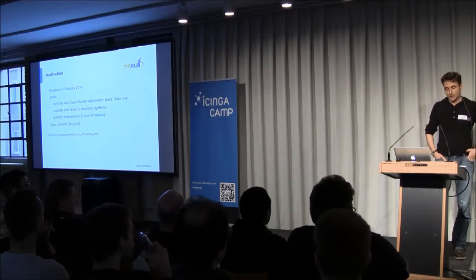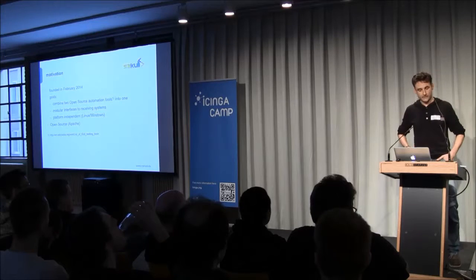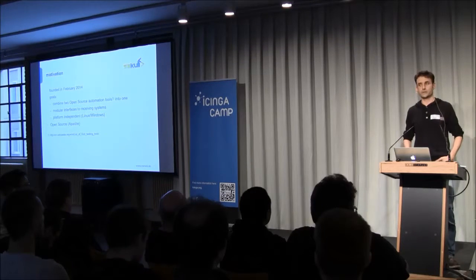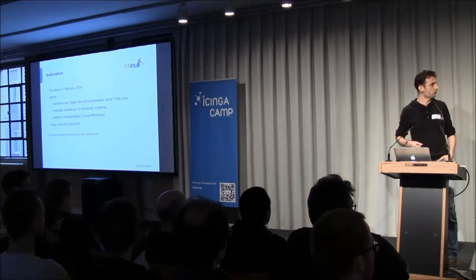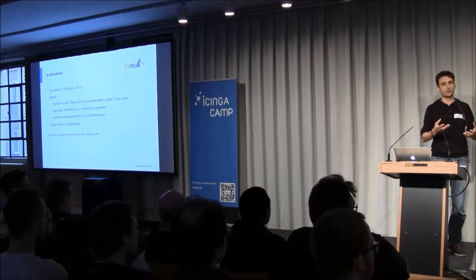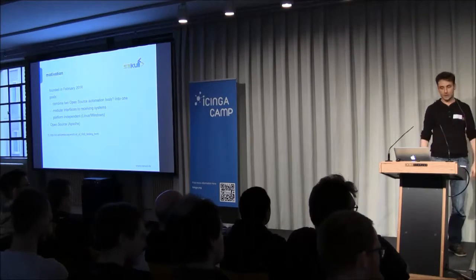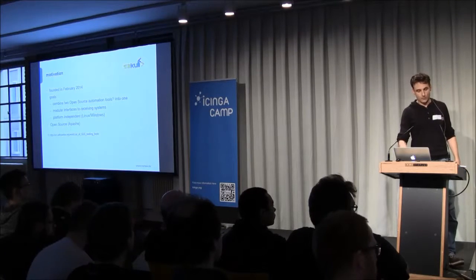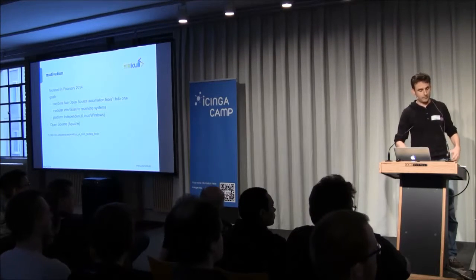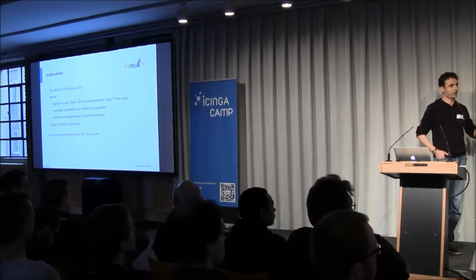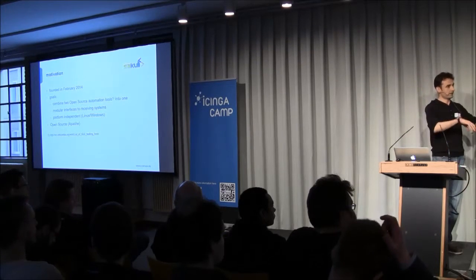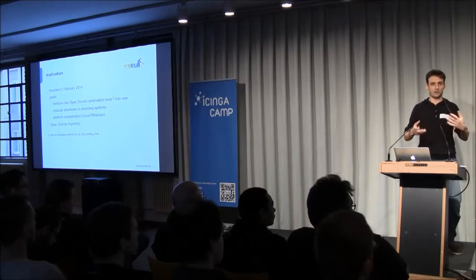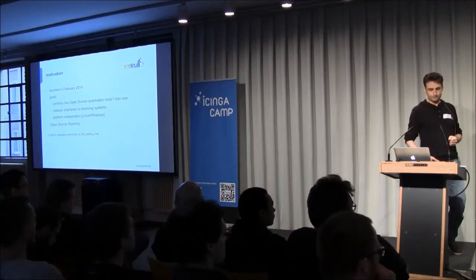And this was our main motivation to combine two of these open source tools together into one new tool so that the two tools can be combined and used together. We wanted to build a modular interface to submit the check results to other systems. We did not want to build in a functionality for Icinga or Nagios or blah blah.